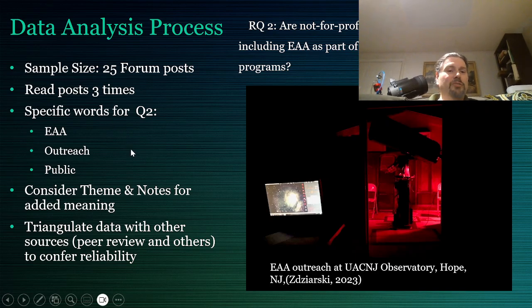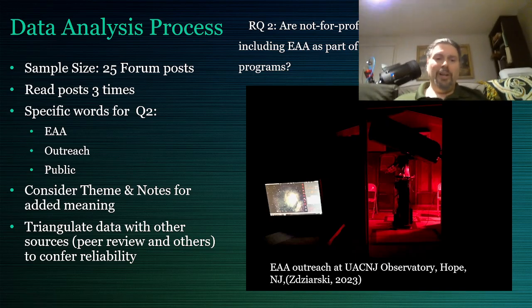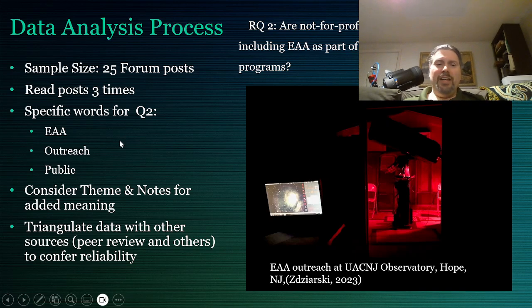And the specific words, again, electronic assisted astronomy, outreach, public are those keywords, right? Or anything, consider the theme and the notes for added meaning. Again, triangulating the data with those peer articles to try to confer some reliability.